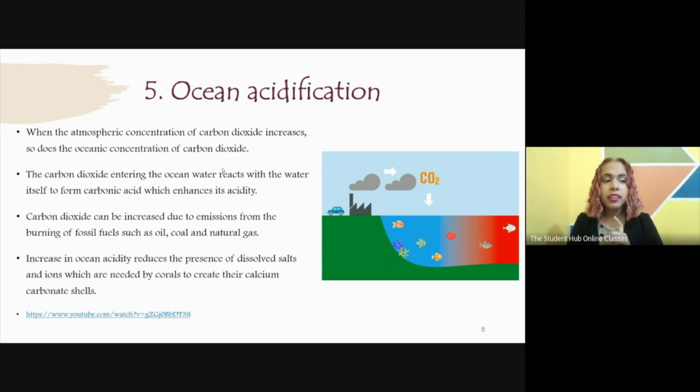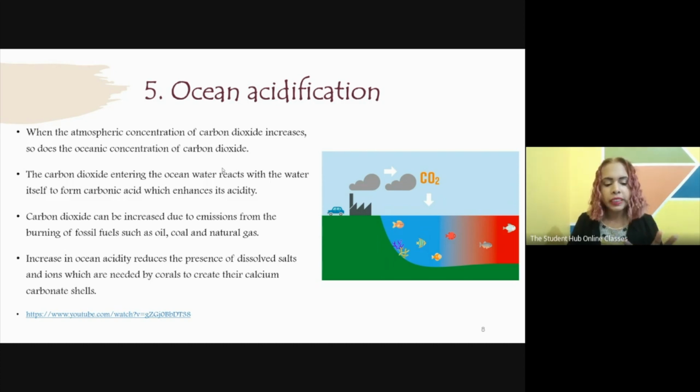And when we looked at limestone areas, when the carbon dioxide reacts with the ocean water, it creates a carbonic acid, right? So the CO2, the carbon dioxide, is mixing with the water in the ocean to create an acid. And because of that, it's increasing the acidity of the ocean environment.